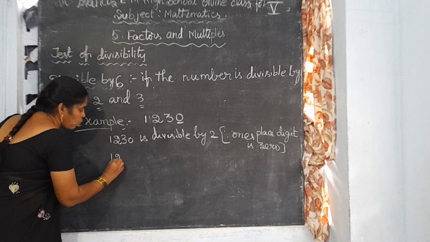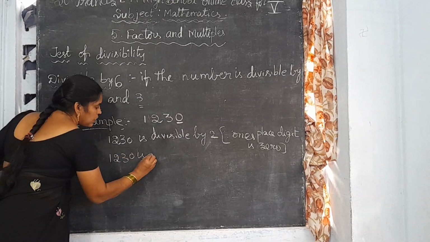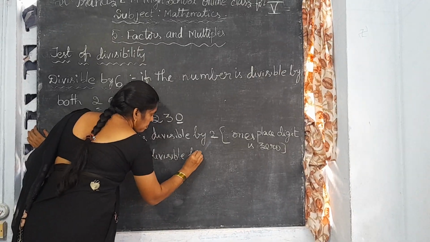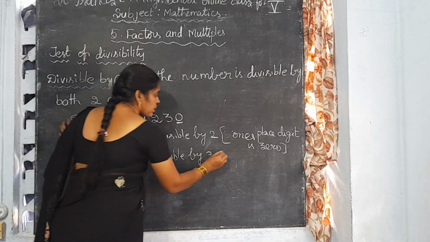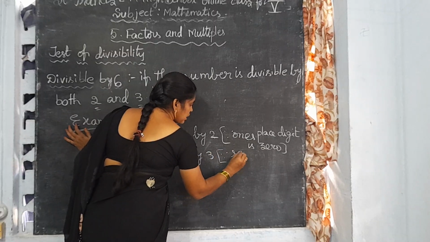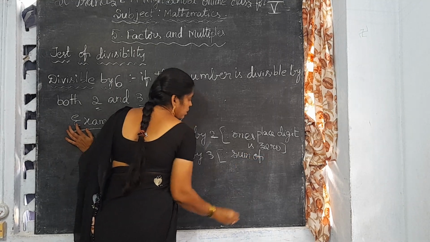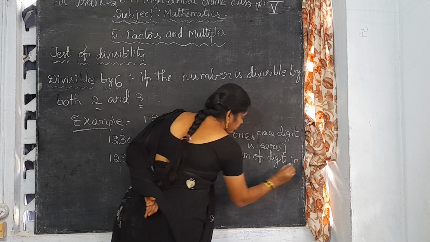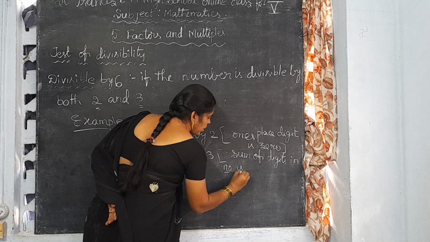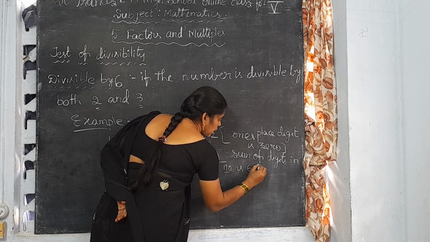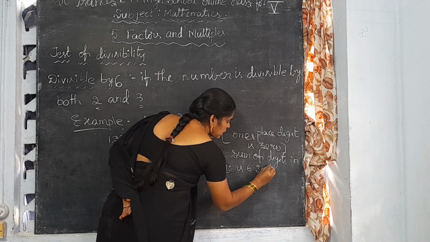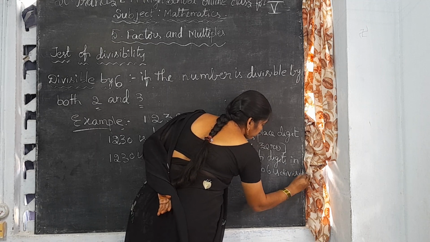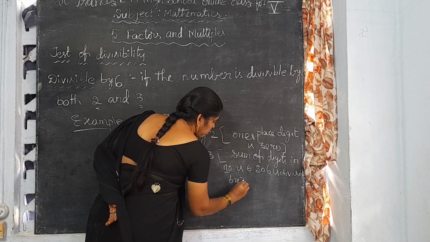So 1230 is divisible by 3, since the sum of the digits in the number is 6. 6 is divisible by 3.